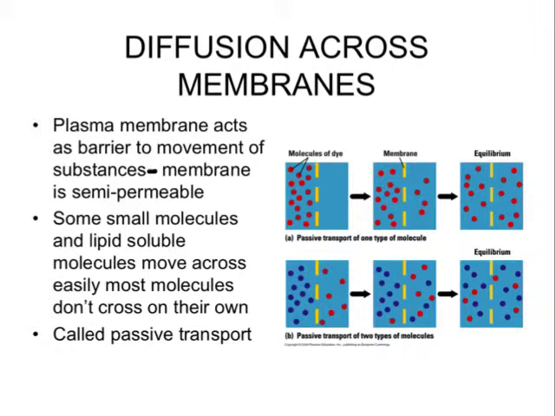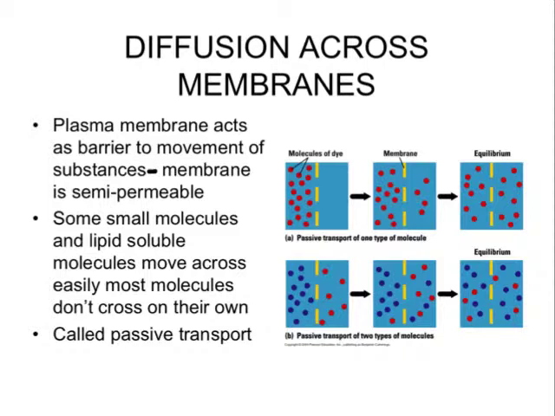So similarly to the common diffusion examples we know of, freshly baked cookie aroma, perfume aroma coming through the air, plasma membranes also can facilitate diffusion. Depending on what type of substances, they can go through the plasma membrane, but the plasma membrane obviously doesn't let everything in through diffusion.